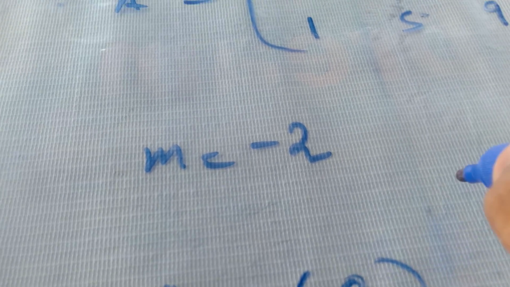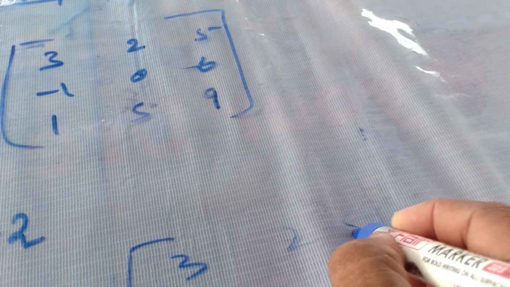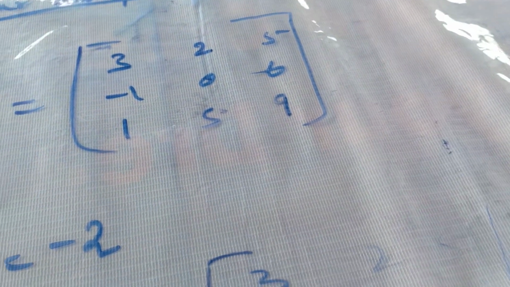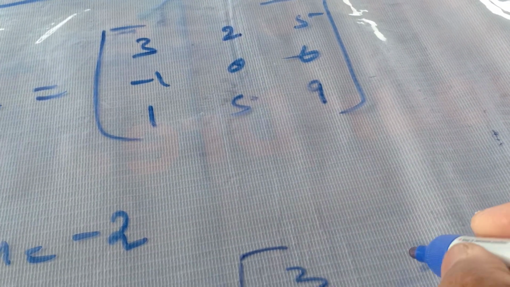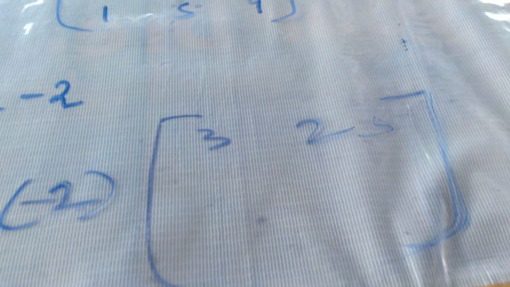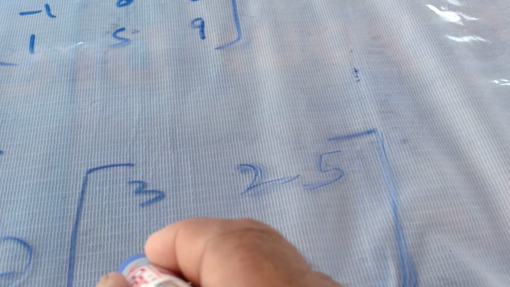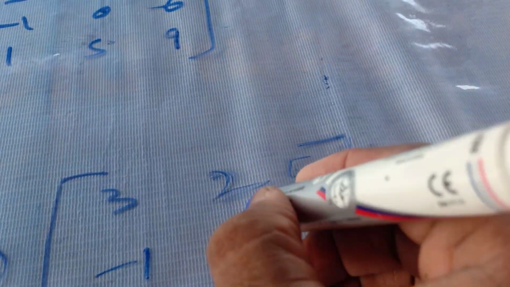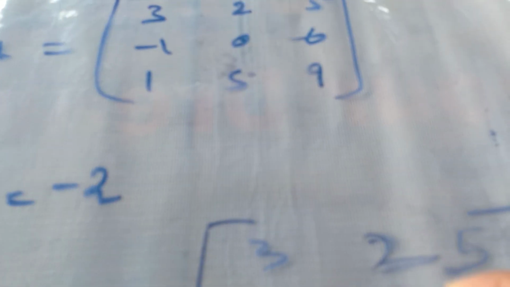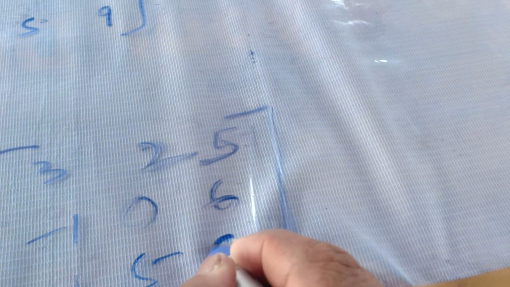Minus 2, and here I write the matrix 3, 2, 5; minus 1, 0, 6; 1, 5, 9.